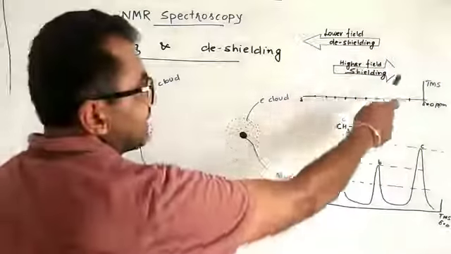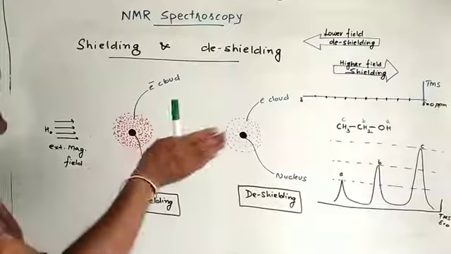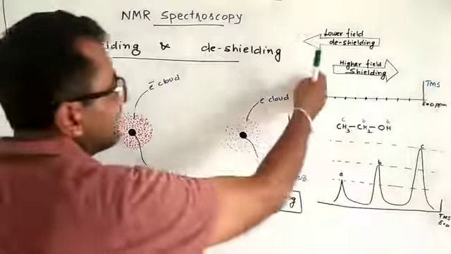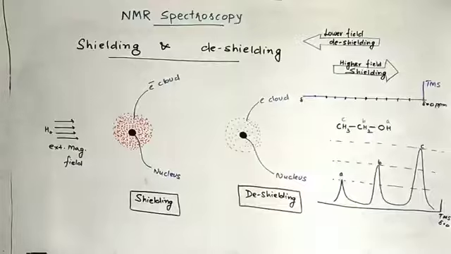Higher field means higher external magnetic field strength. So when we move towards TMS, the signal will be at higher field. Those are called shielded. And when the signals appear at this end, that is called de-shielded. Lower field. Lower field means lower magnetic field strength.